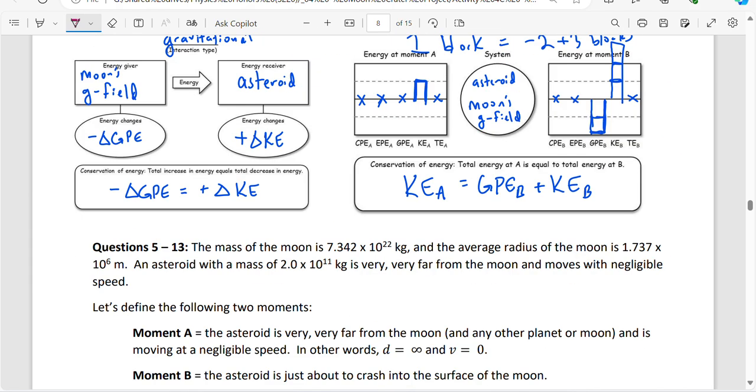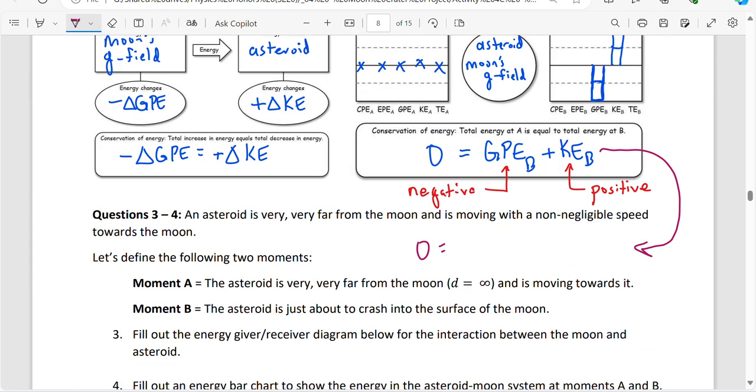The math model for gravitational potential energy is negative universal gravitation constant, mass of big object, mass of small object, divided by the center-to-center distance between them, plus the kinetic energy is 1/2 times the mass of the asteroid that's moving, the smaller object, little m, times speed squared. And little m does matter there because we also have a big M, and that's not the one we care about. You care about the little m, the asteroid's motion, and this is the speed at B, so I'll put a subscript there.